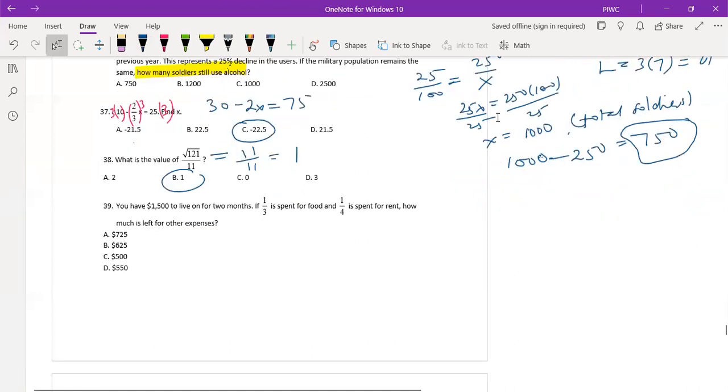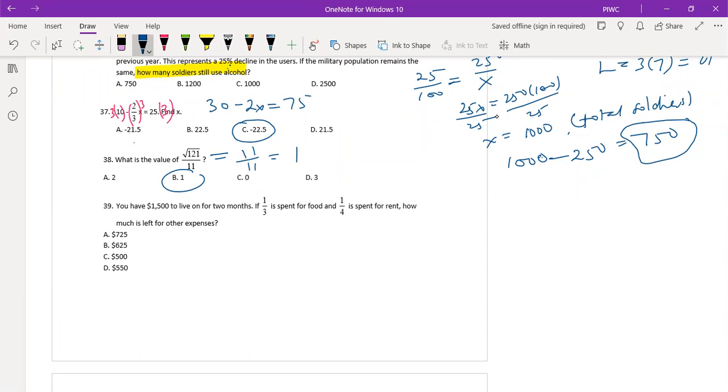Then number 39. You have 1,500 to live on for 2 months. If one third is spent on food and 1/4 is spent on rent, how much is left for other expenses? There are 2 ways you could do this problem. You can find 1/3 of 1,500, find 1/4 of 1,500, add them up and subtract from 1,500.